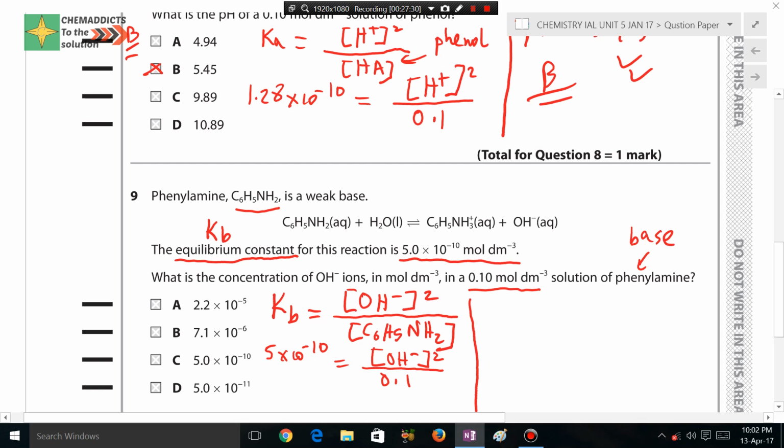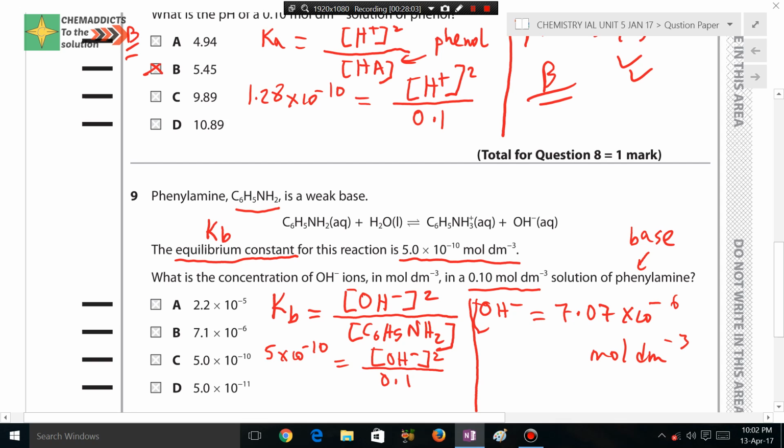If we calculate this and make hydroxide the subject, we're gonna get something like this, 7.07 into 10 to the power minus 6. So this is the answer, mole per dm cube.